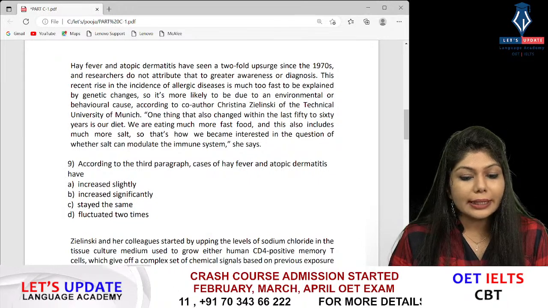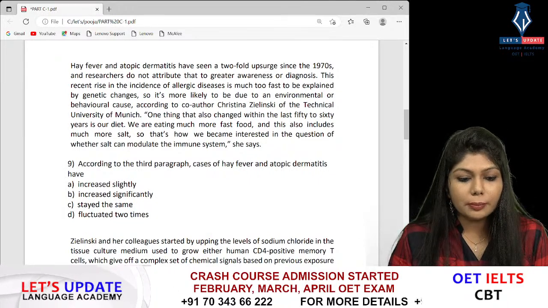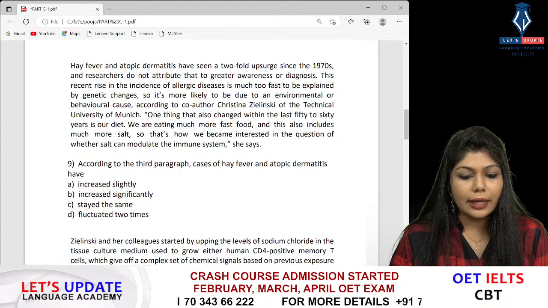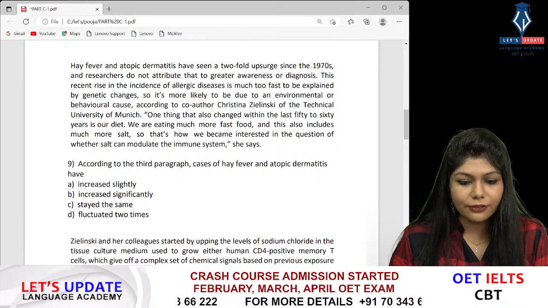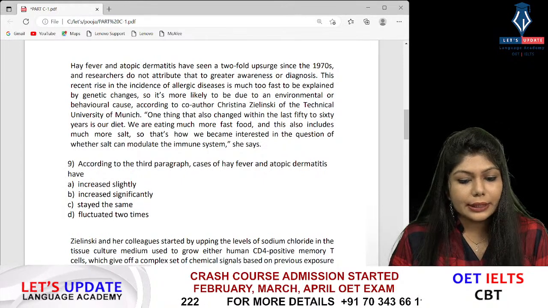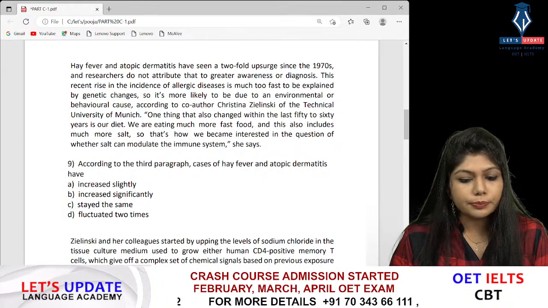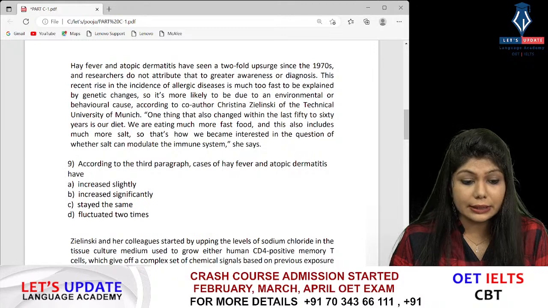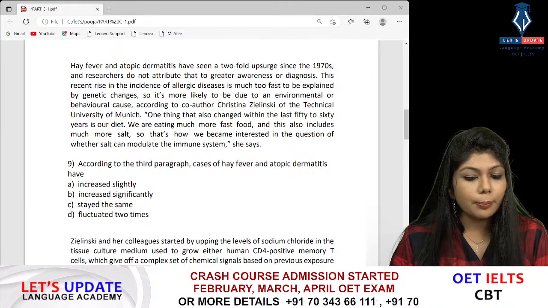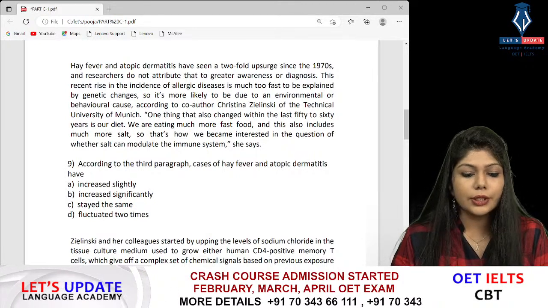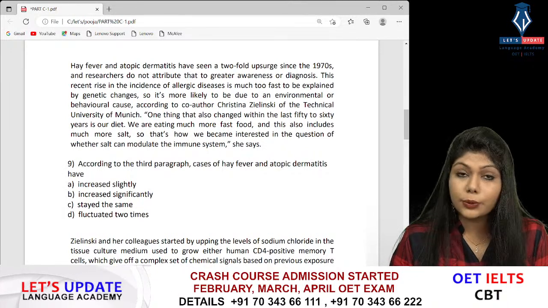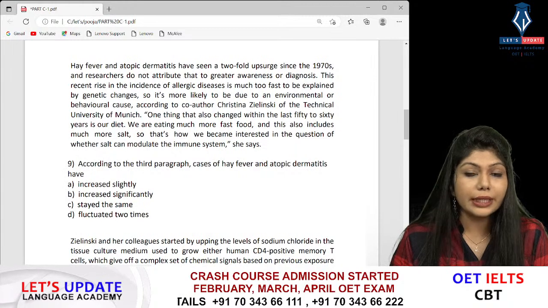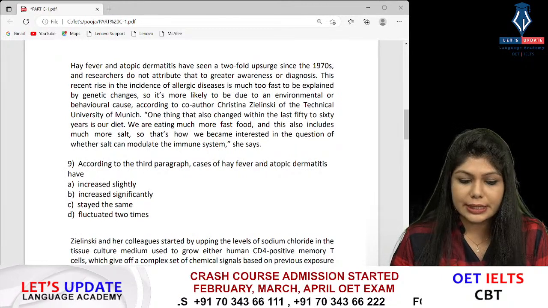So it's more likely to be due to an environmental or behavioral cause, according to co-author Christina Zelensky of the Technical University of Munich. One thing that also changed within the last 50 to 60 years is our diet. We are eating much more fast food, and this also includes much more salt. So that's how we became interested in the question of whether salt can modulate the immune system, she says.